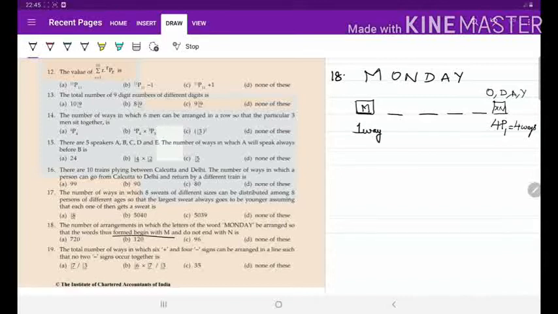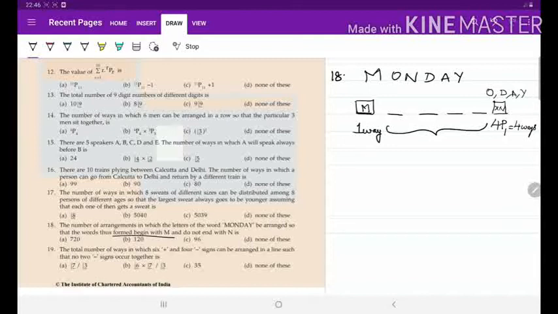Now for the rest of the 4 positions, we can include N here, omitting M and the letter that has occupied the last position. We have 4 other options.